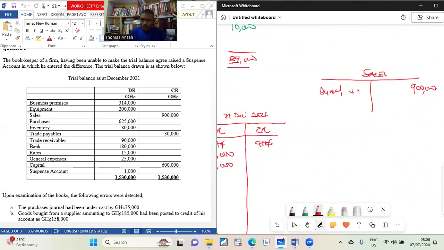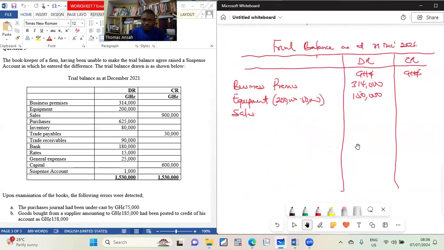So it was 50,000. So it means that the balance on sales is 850,000. So 850 is what is supposed to show. So what we did is that they included something that shouldn't have been there. So we had 900,000. We need to less 50,000. So we have 850,000. So that is that.